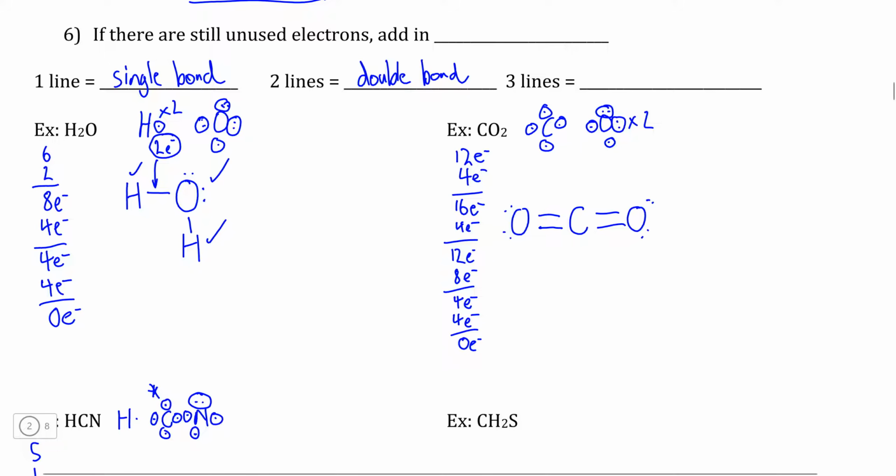And if we do an octet check, each of the oxygens has 2, 4 from the lone pairs, 6, 8 from the bonds, so each of our oxygens is good. And because there's 2 electrons per bond, carbon has 2, 4, 6, 8, and carbon dioxide is done.